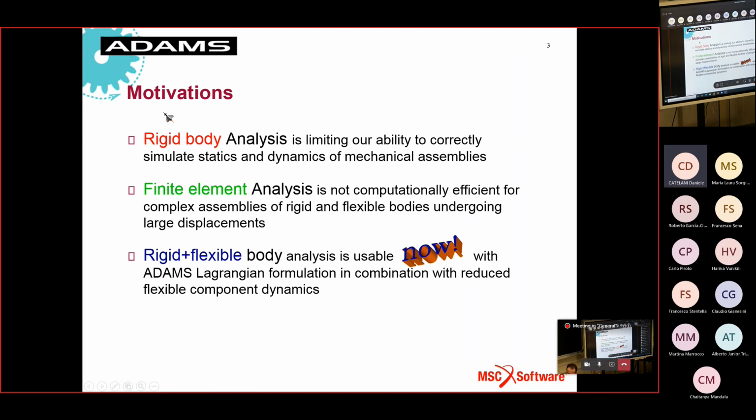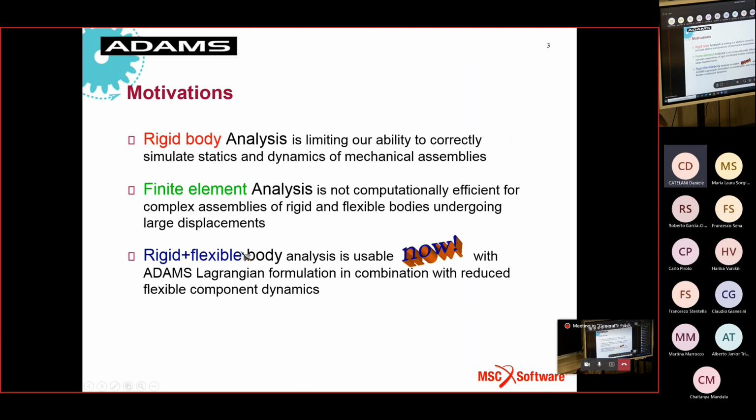What is the reason we need a flexible multi-body analysis? First of all, because a rigid body model is too high an approximation of reality, and we want to simulate many complex phenomena in which deformation and stress are included during the analysis.